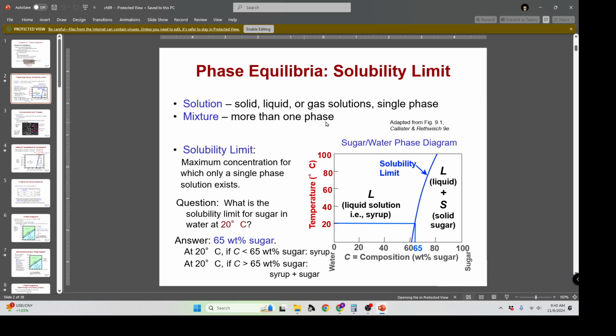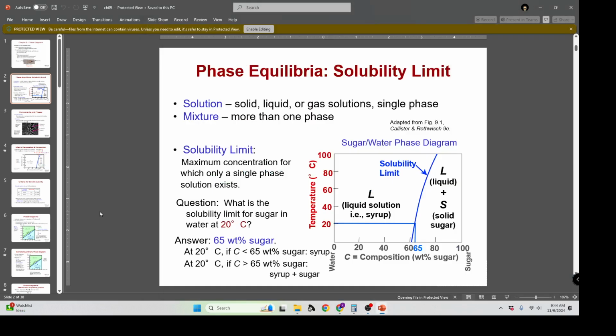Mixtures are more than one phase, multiphasic by nature. They are also helpful for a lot of details. So we have the solubility limit at 20°C, and we have a couple different things that we're going to focus on here.